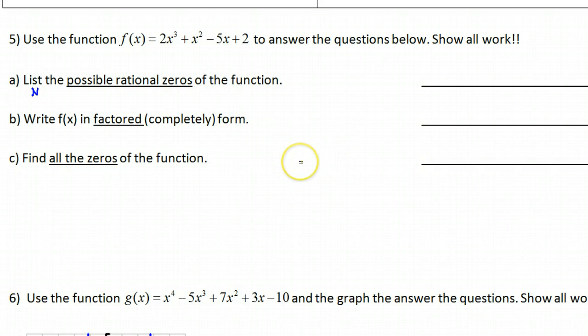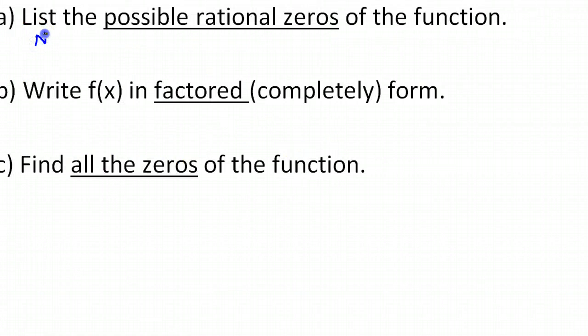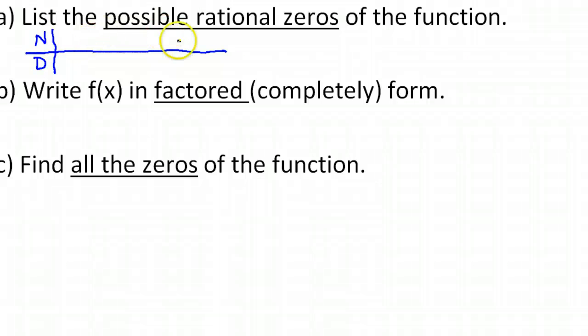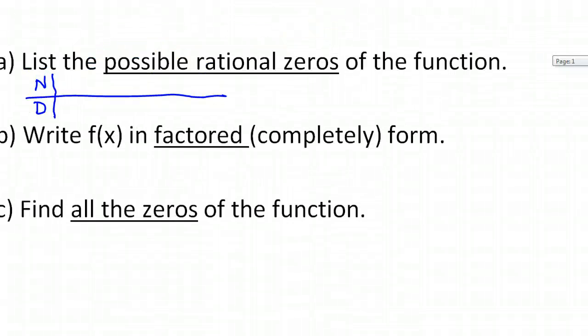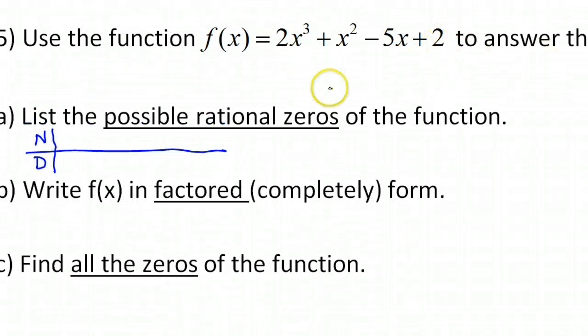Let me zoom in a little bit. Okay, numerator over denominator, where the possible numerators are going to come from the constant factor. See, the constant factor here is 2. So this 2 will give us the possible numerators.